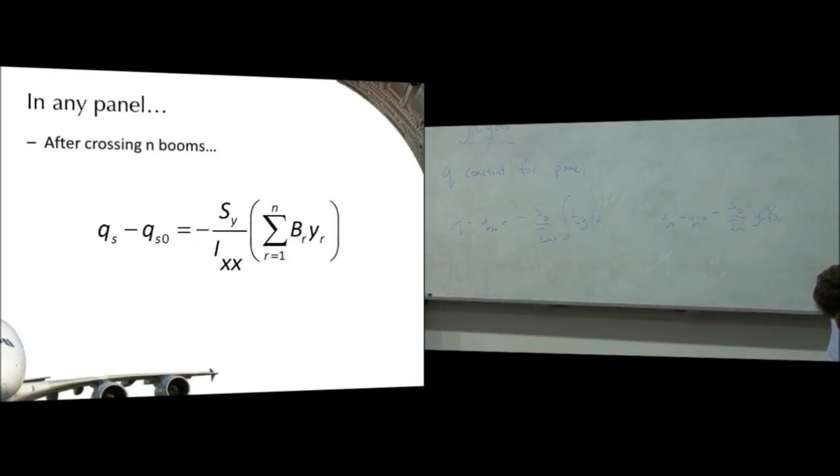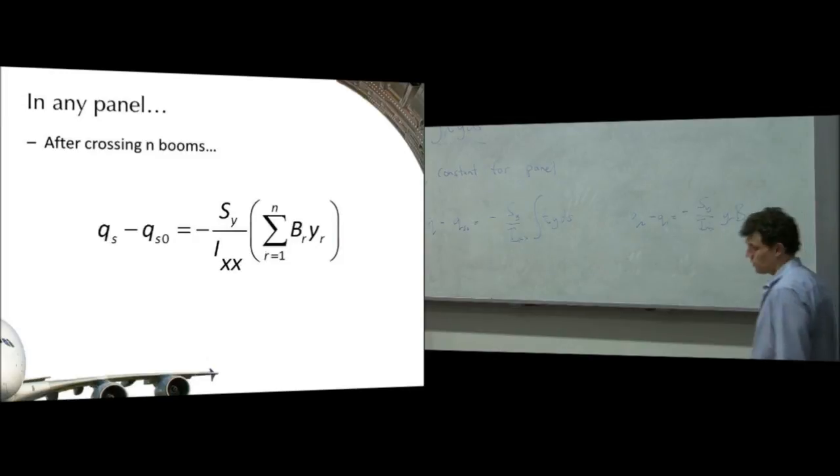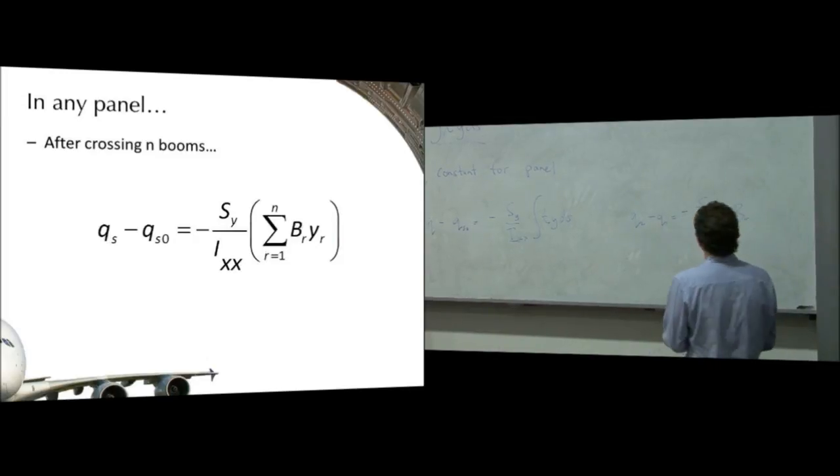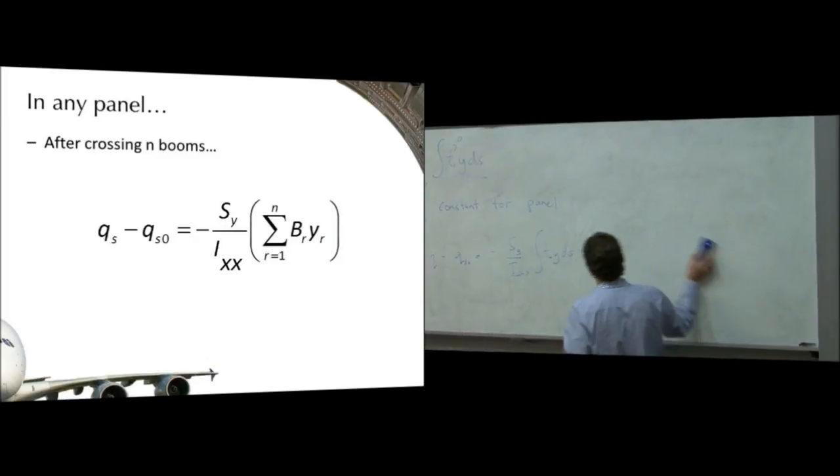Okay, and the example I'm going to do, just because I've got the numbers in front of me and I don't have to wait for too long, is example 20.3 from Megson. So we'll just go step by step through that problem.